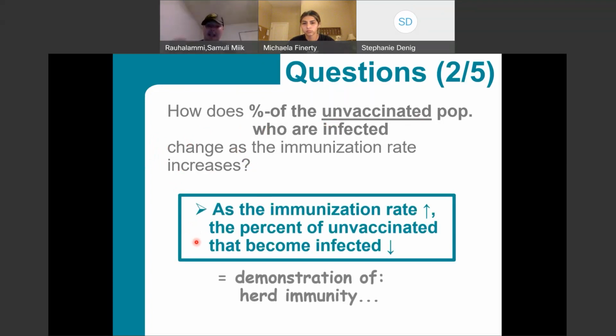This is a demonstration of the herd immunity that we just talked about. So if we get most of the people immunized, most of the people will not get sick, even those who did not get a vaccine. You can answer as wordy as I've answered here, or you can simply say that that would be a demonstration of herd immunity.